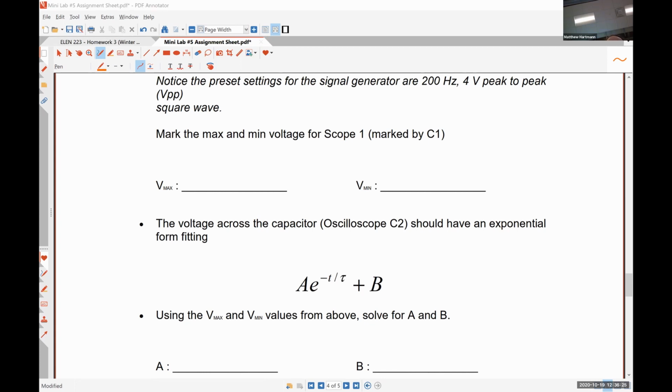So I'm going to move some of this stuff out of my way. I'm going to turn on my analog wave generator. I'm going to turn on my scope, and I'm seeing some stuff that does not look how it's supposed to look. I can tell that because it looks like channel 2 is, let's see, scope 1.